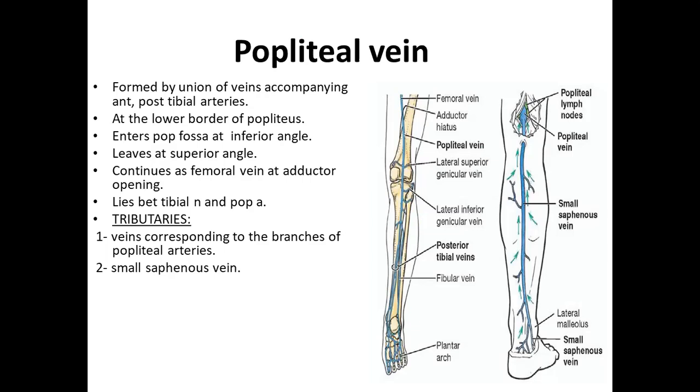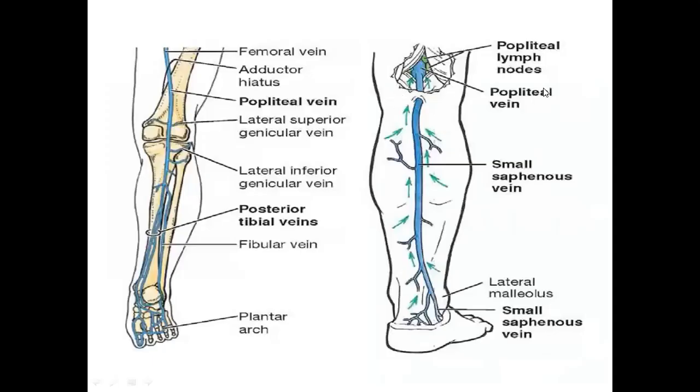What are the tributaries? We have the small saphenous vein, and we have the veins that correspond to the different branches of the popliteal artery. You can see here, this is the popliteal vein, which continues as the femoral vein.